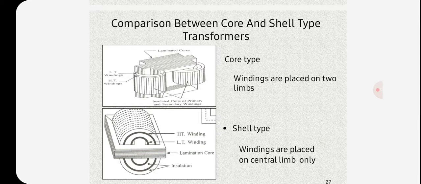So already we discussed the classification based on construction: core type, shell type and Berry type. Now we are going to discuss the comparison between core type and shell type.